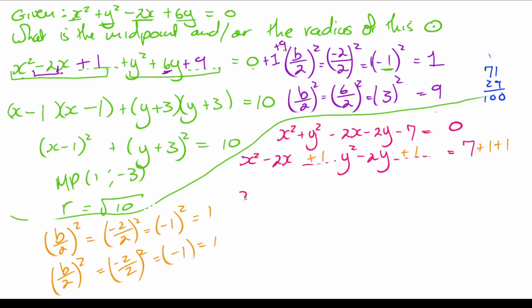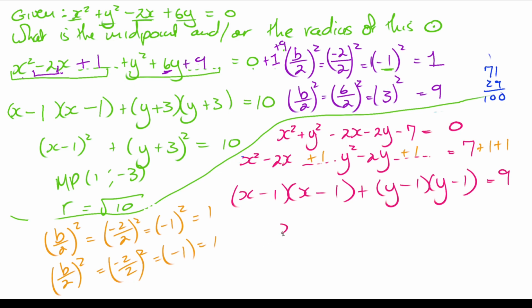I kind of already know what the answer is, so I'm busy getting ahead of myself. 7 and 9. Ooh, I like this one. It's going to be nice. And we have -1, -1. So we have x minus 1 plus y minus 1.